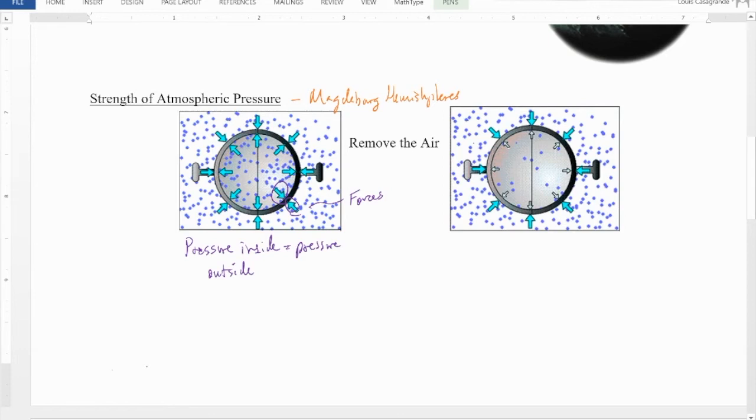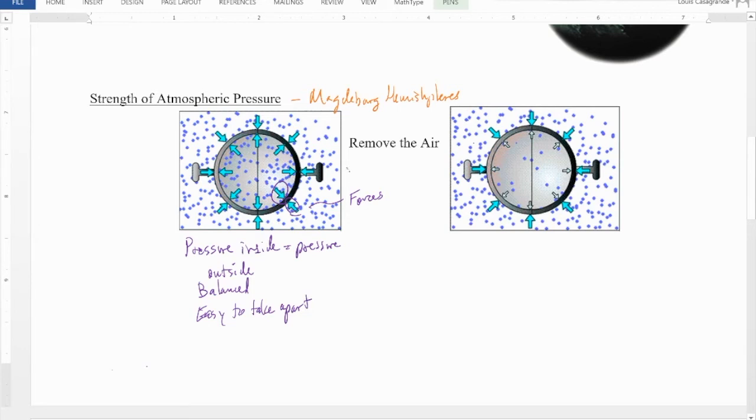These are like the arrows that you would have drawn for the syringe on number 7. So this is balanced. And as you saw in the video, these are easy to take apart because the balanced force means that it's the same inside and out.